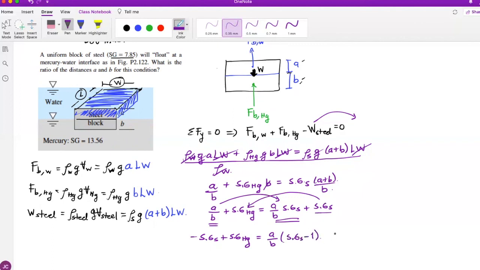Okay, so now we're about to finish. I just need to do some algebra here, which is A/B equals Sg of the mercury minus Sg of the steel, and everything is divided by Sg of the steel minus 1.